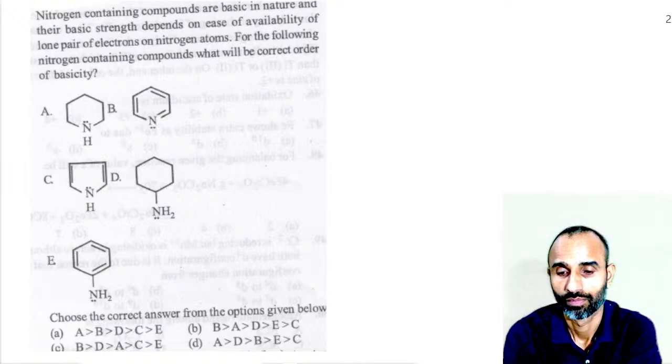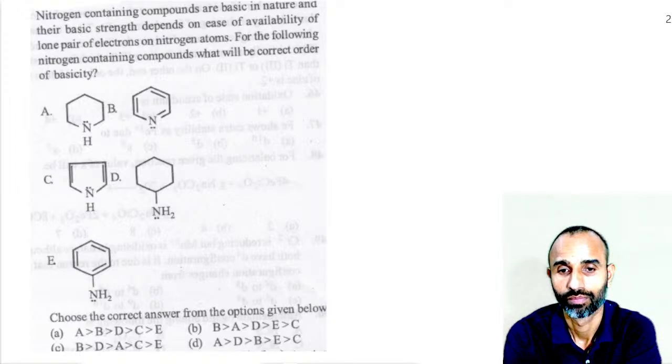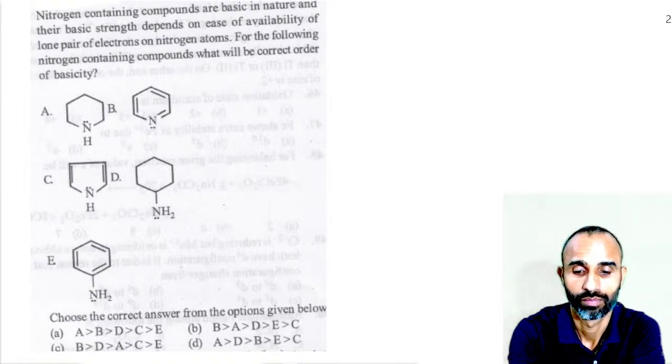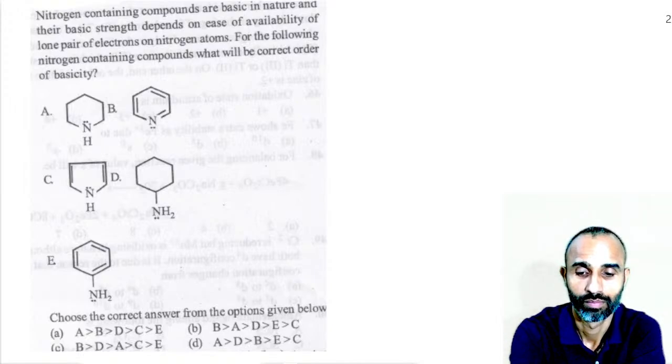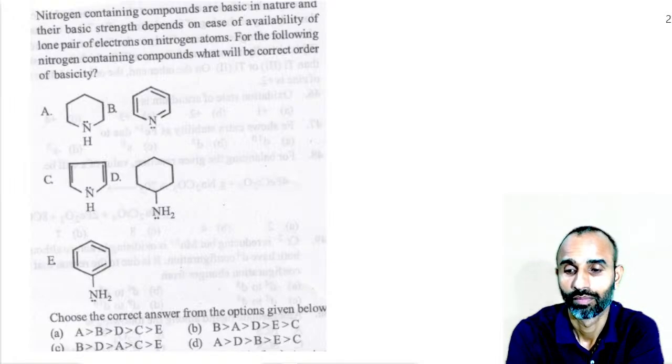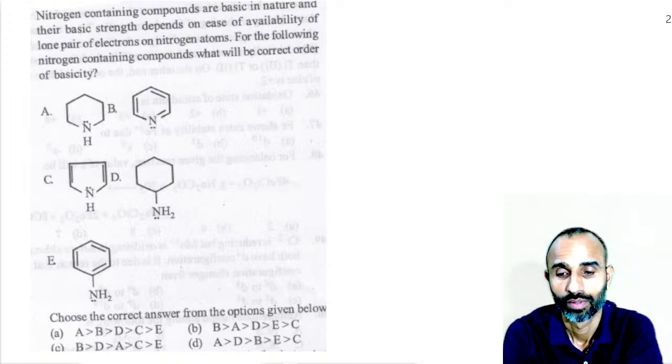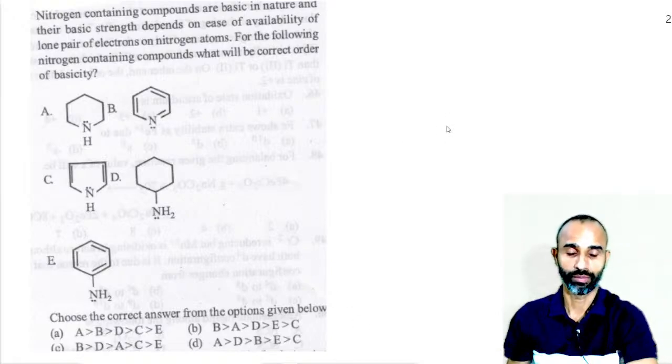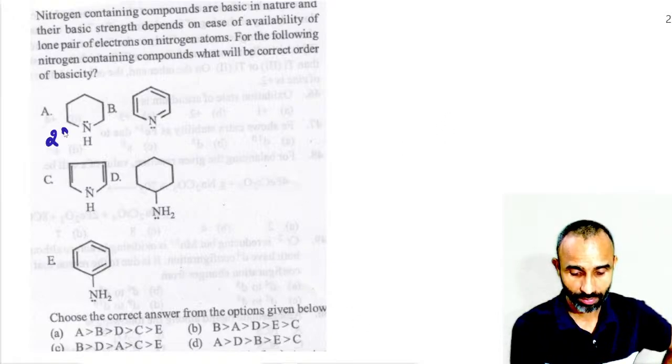So lowest will be E and then C. Then, sir, A will be most basic. See, A is a secondary amine.